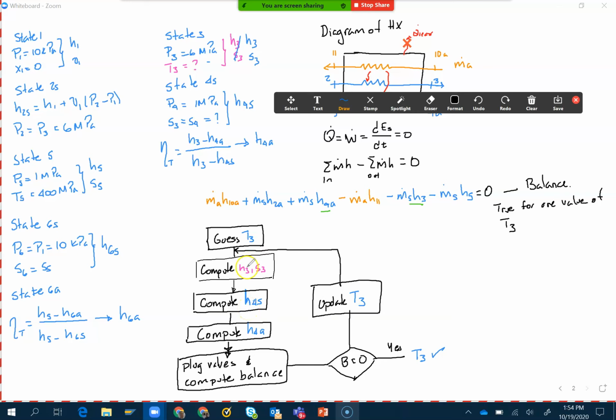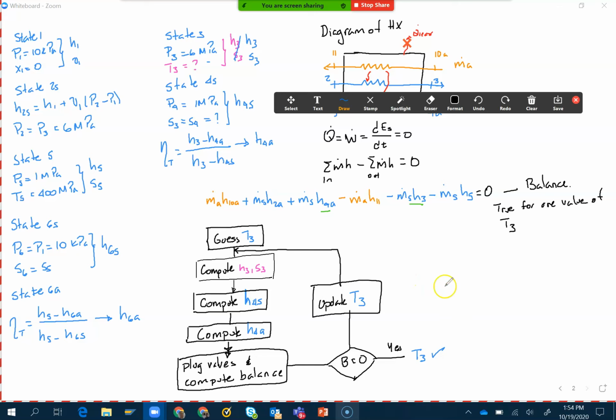So now we need to compute again H3 and S3, compute H4s, H4a, plug the values, and go again. How long are we going to do this? Well, until we have two consecutive values with a certain small variation. But by hand, you can say, okay, I would like to bracket.